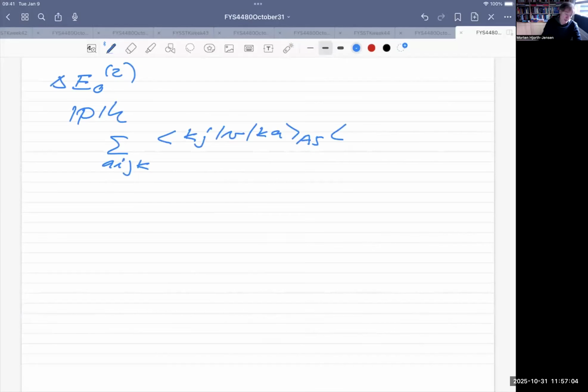And then we have the next term, which is an IA, and then we have a v, and then we have a new term, which is an ij here, anti-symmetrized, like that. And the denominator, epsilon I minus epsilon A.